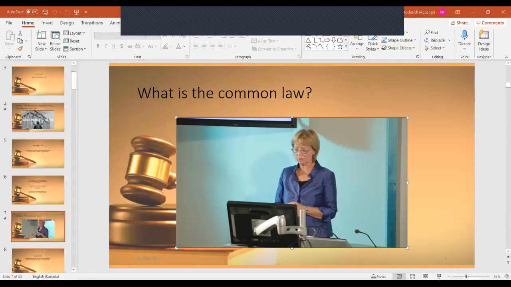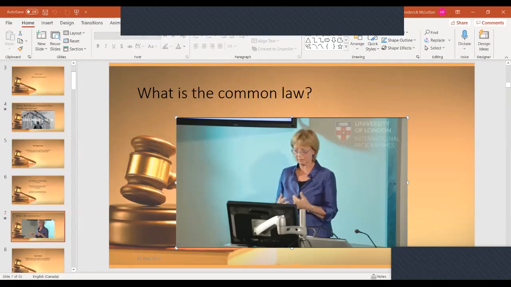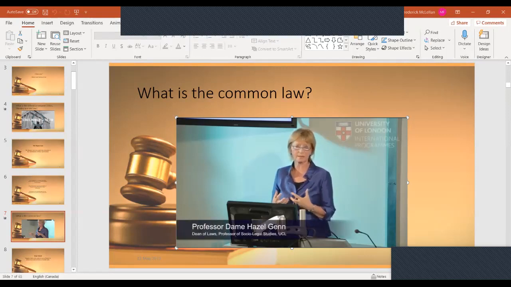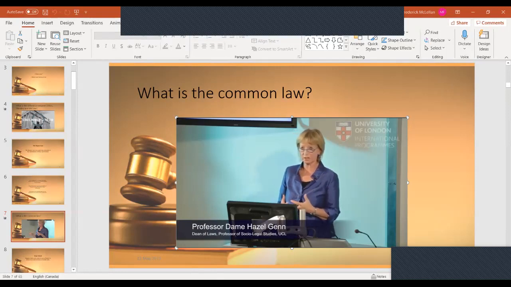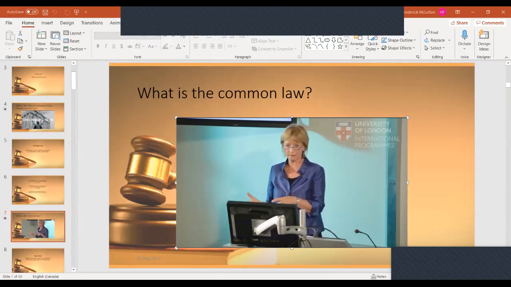When we say the common law, what do we mean? We're talking about the laws of the land, the laws that we have to comply with, which are essentially created, developed, and applied by judges sitting in court deciding on disputes in individual cases, disputes in the civil justice system or criminal disputes when they're dealing with criminal cases.